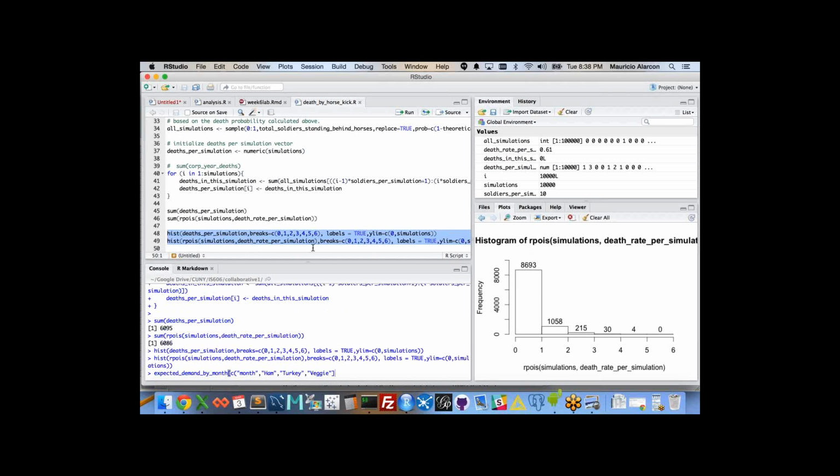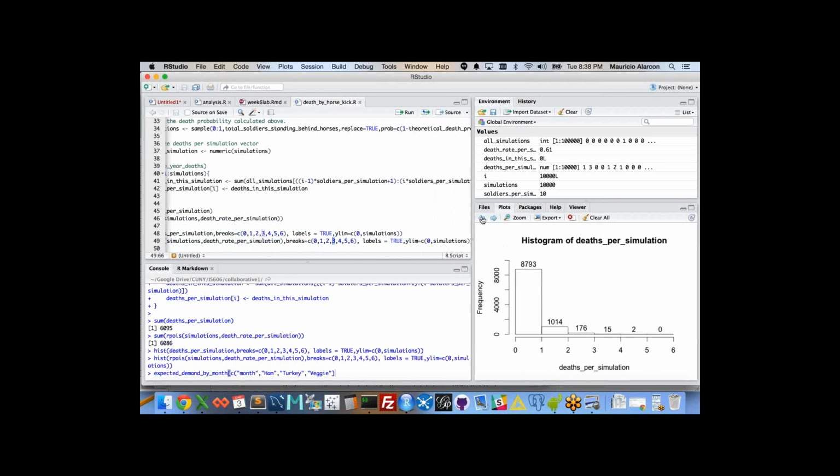This is the histogram made using the Poisson distribution function in R with the proper parameters. Here I pass the number of simulations, lambda, and then the breaks for the histogram. On the right is the histogram of the R Poisson function, and this is the histogram of the other simulations.